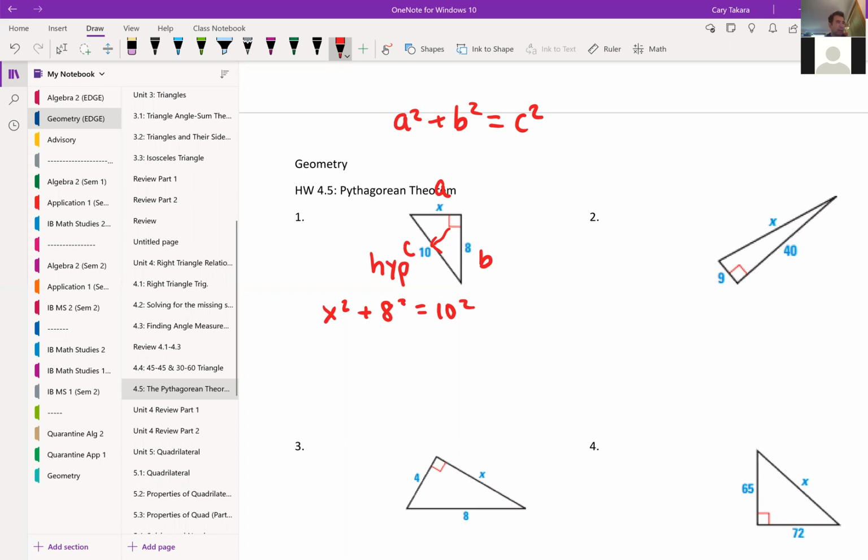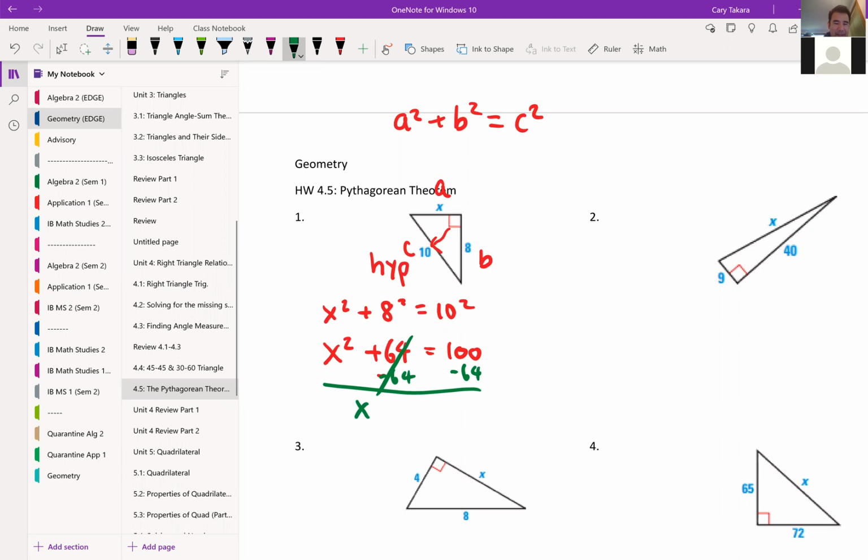Okay, how did it go? So x squared is just x squared. 8 squared is 8 times 8. That's what, 64? And 10 squared is 10 times 10, which is 100. Now 64 and 100, they are on the separate side. Since you want to find out what x is, I'm going to subtract 64.